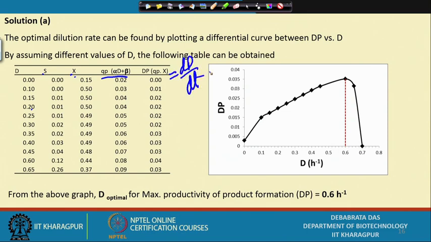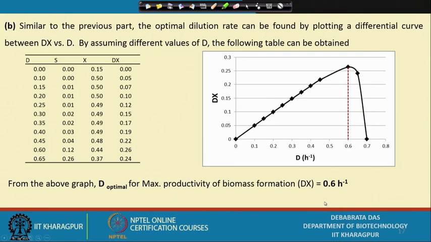Am I right? Now if you plot dP by dt versus D, we will have this kind of plot. At this dilution rate, you will get the maximum rate of product formation. So we can easily find out the optimum dilution rate at which you get the maximum rate of product formation.